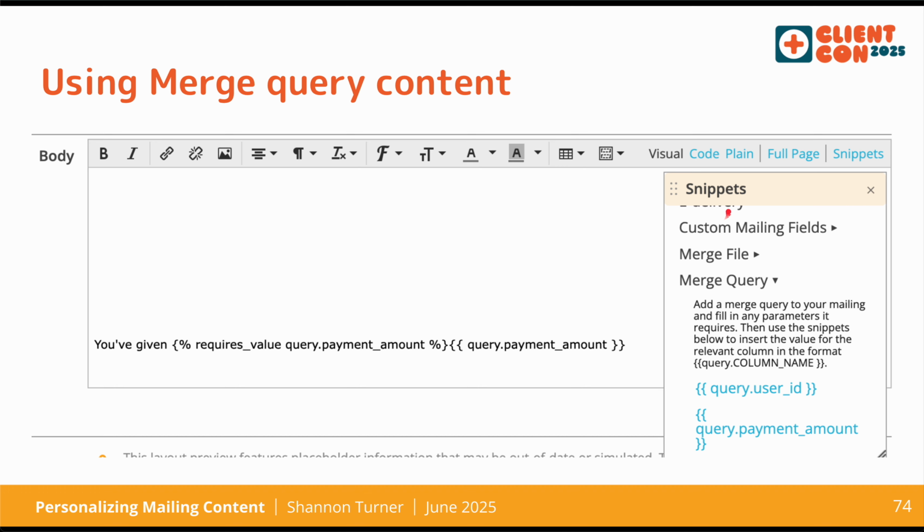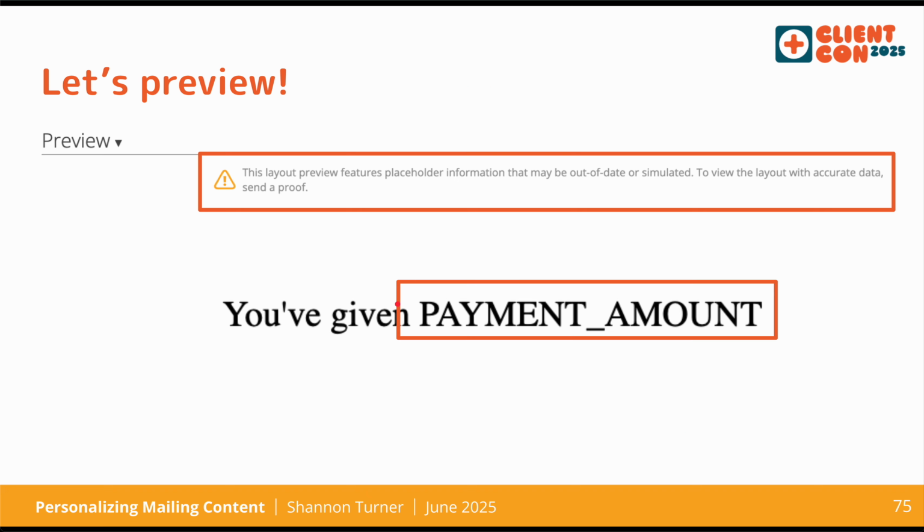So now we can see the merge query's snippets in our mailing content. Just go down to the snippets menu. When we get to preview, we see something a little strange. It says the literal text "you've given PAYMENT AMOUNT" in all capital letters.